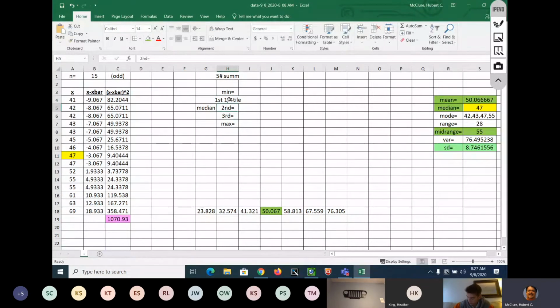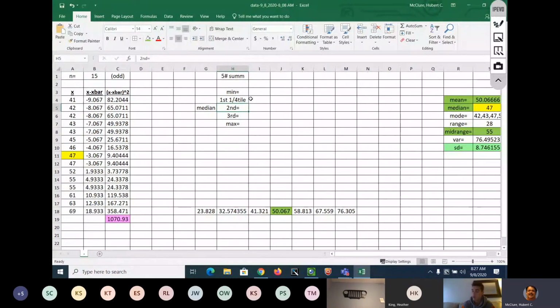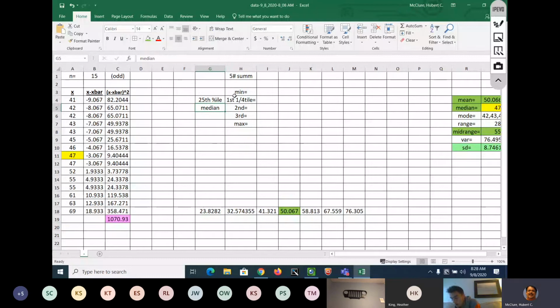And I need to make that a little bit wider. And put an equal sign. And out here, put 25th percentile. I'm just giving you all kinds of information.